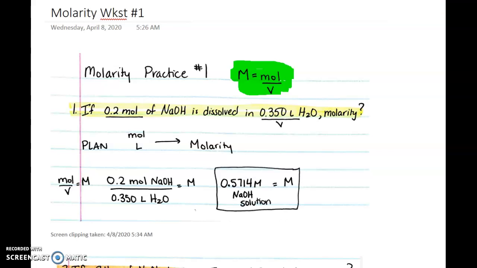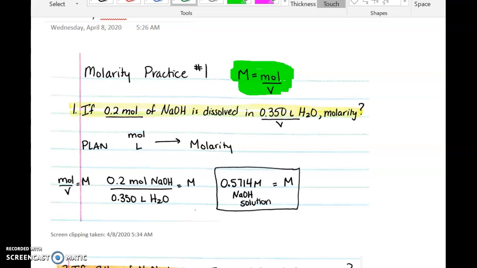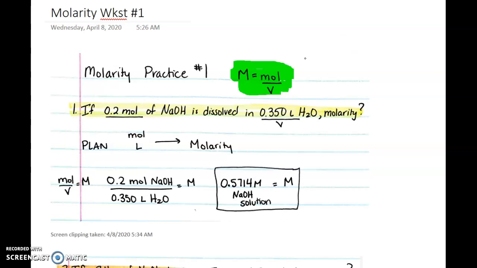Okay, so let me put this on draw with touch. So number 1, if 0.2 moles of NaOH is dissolved in liters of water, what is the molarity of our solution? Okay, so what is the concentration of our solution if we are dissolving that many moles of NaOH into a volume of liters?